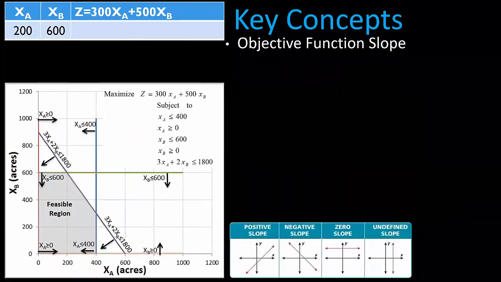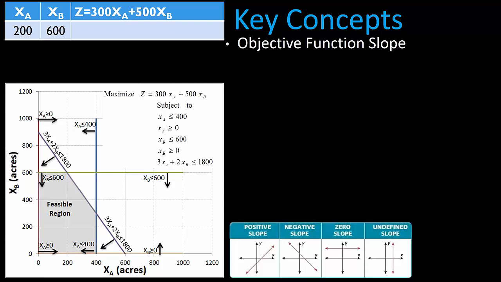So let me talk about some key concepts that we need to discuss. We have discussed a lot about the feasible region and substituting those values in here, but we actually haven't looked at the objective function, the line that this is creating.